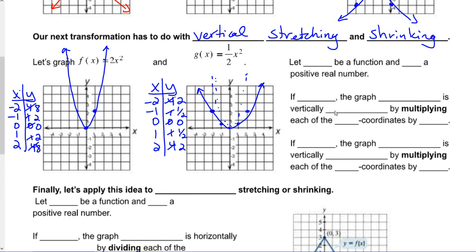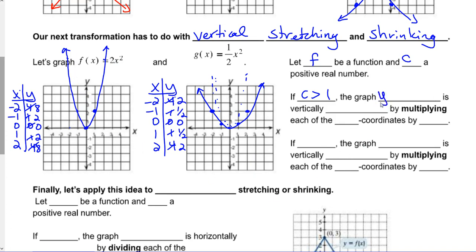So we are going to let f be a function and c a positive real number. If c is greater than 1, so this is what we're going to refer to as our c. So here we have a value that's greater than 1 with that f(x) = 2x². And what did we do?